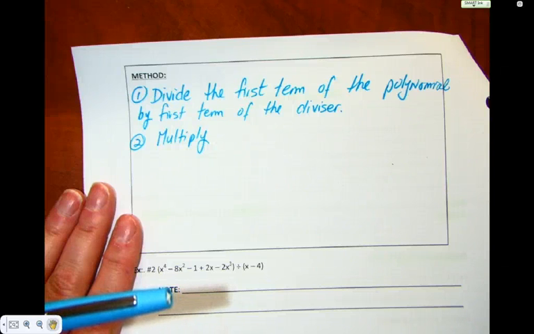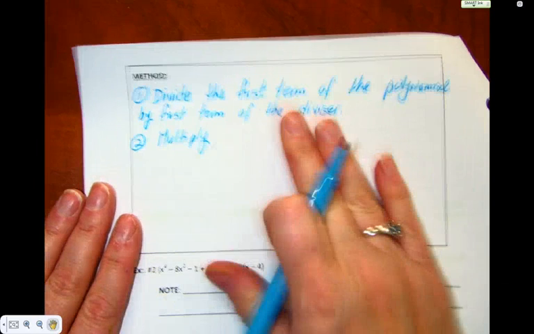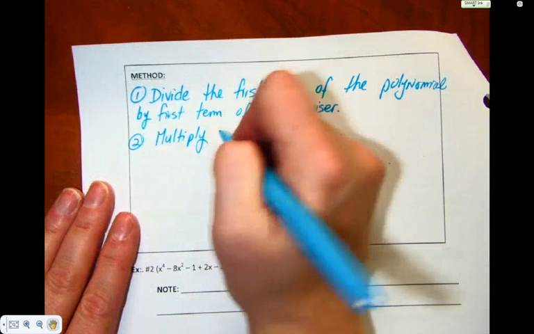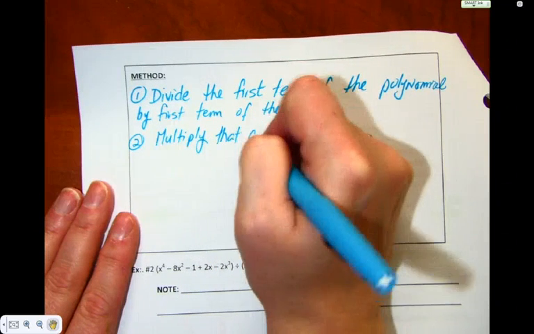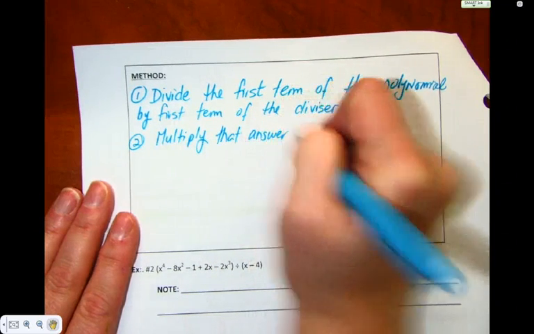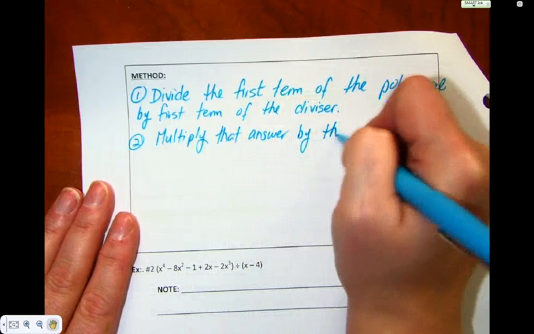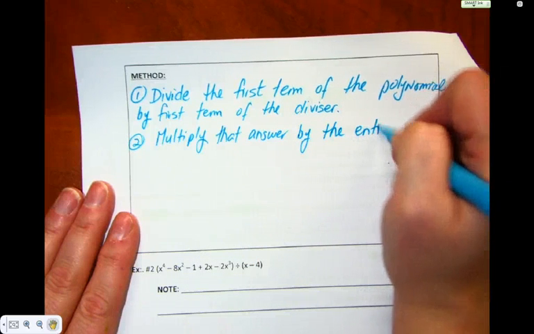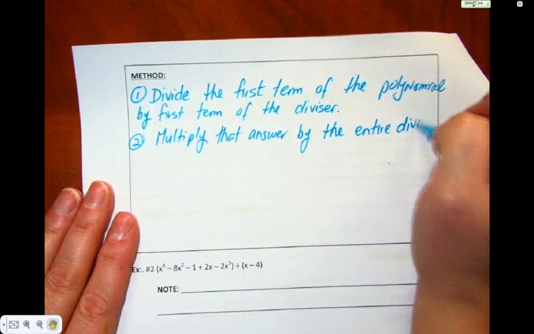What are we multiplying? Yes, so the answer from step 1, right? So multiply that answer. And I'm going to just add the entire divisor, just so that we're clear we're multiplying both terms.